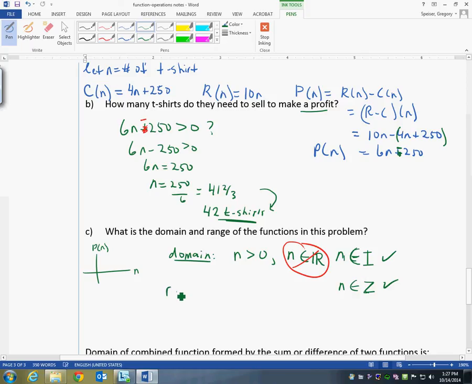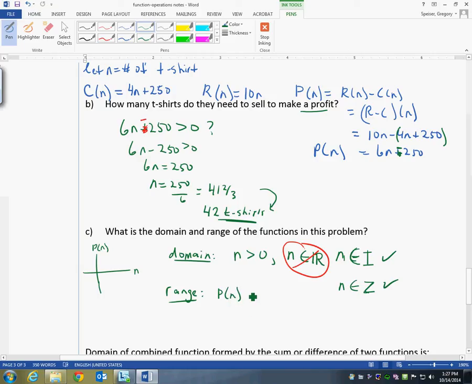So how about range? Let's think of the profit here. Well, if you actually made 0 T-shirts, then you would be losing $250, right? So the range, the smallest value you could be getting for profit, so we'll just do profit here.